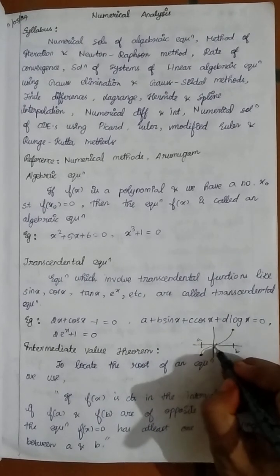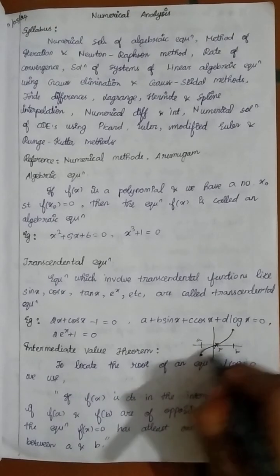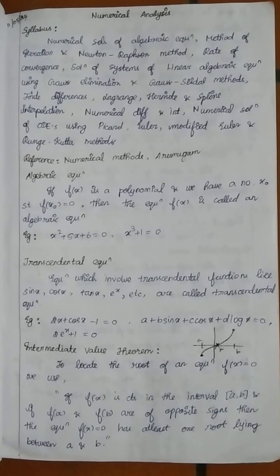Then there is some x such that f of x becomes 0. So this x is the root and it lies between a and b. This is what the intermediate value theorem says. So if you want to locate some root of the equation f of x equal to 0, we shall use the intermediate value theorem.